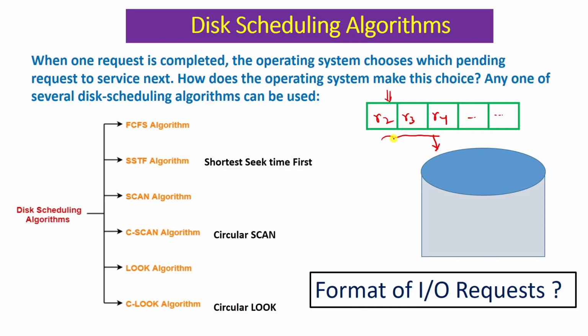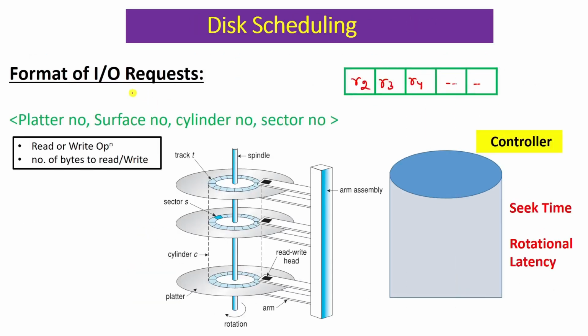Now before ending this video, let's understand the format of the input output request. Basically the format of an IO request is: you will be given the platter number, then surface number, then cylinder number, then sector number. Let's say this is platter number 0, this is platter number 1, this is platter number 2.